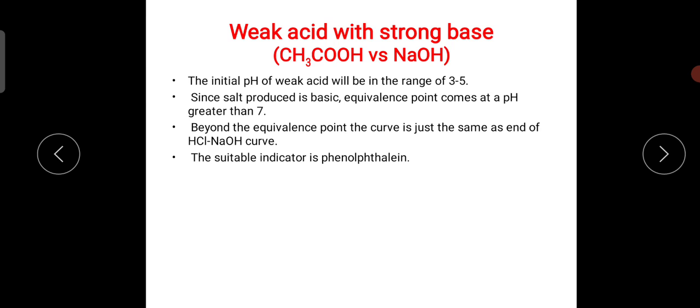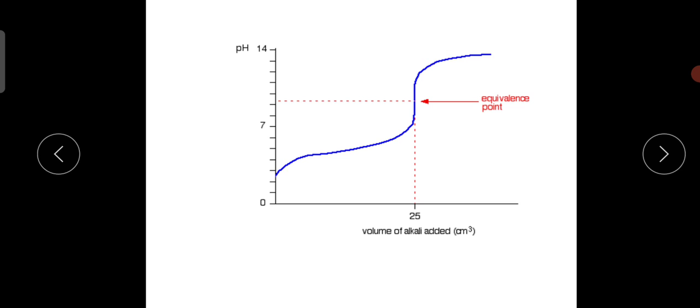In the last graph it was 7. Here we use a suitable indicator, phenolphthalein. You can see the pH is 3 to 5 and we reach the equivalence point greater than 7, and the salt produced is basic. So the graph will be like this.